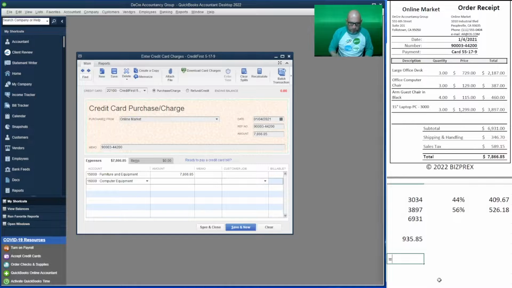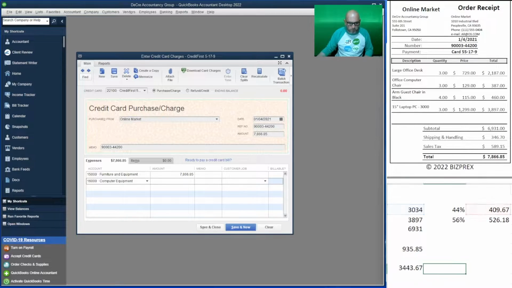So let's go ahead and find out our new totals. That's our new totals. Our furniture right here, and this is our computer equipment. And we should be at the total that we're attempting to allocate, and we are.